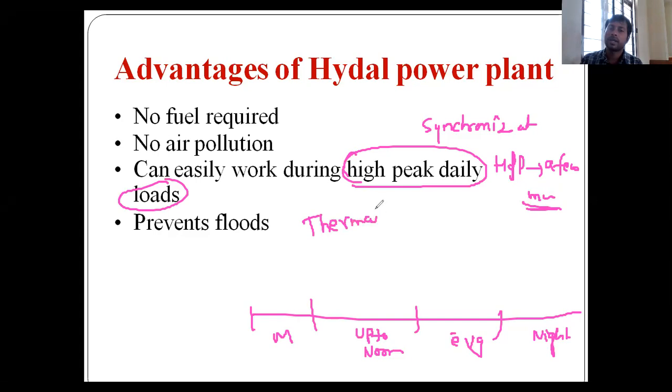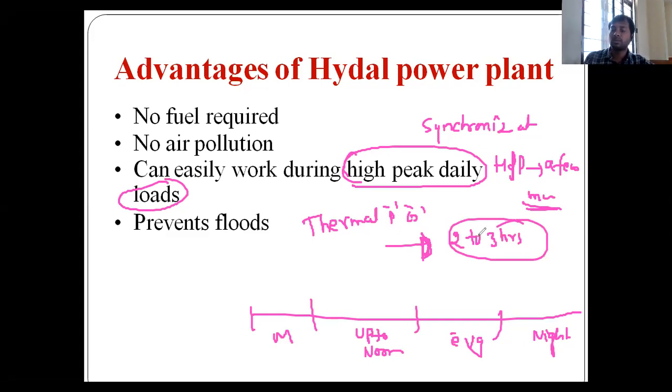For example, to synchronize a thermal power plant generator, it takes 2 to 3 hours, so a thermal power plant cannot be used for instant load or peak loads. Why does it take 2 to 3 hours?